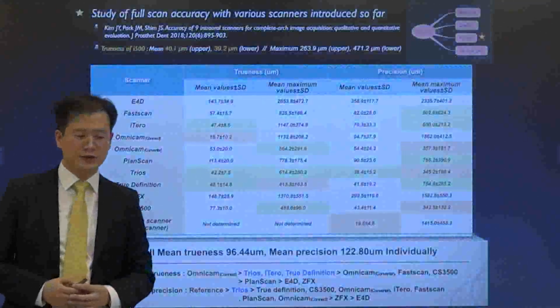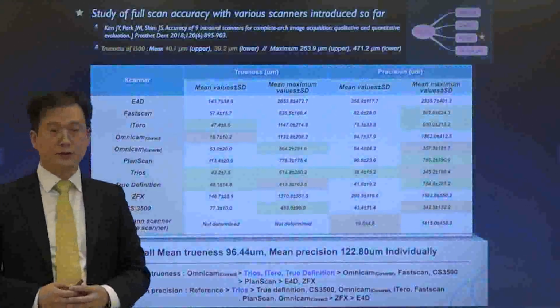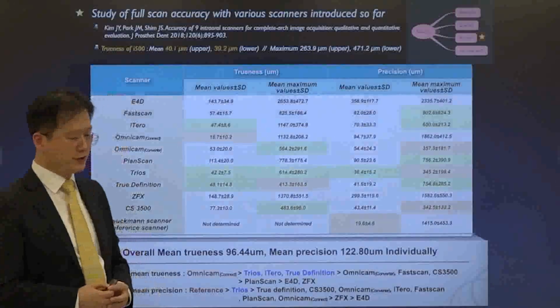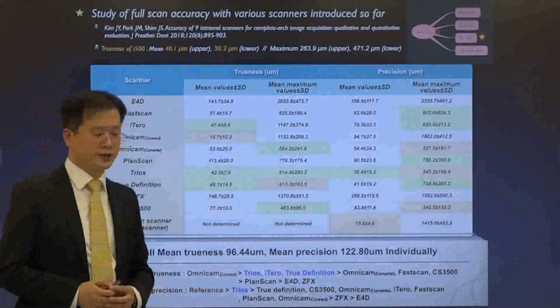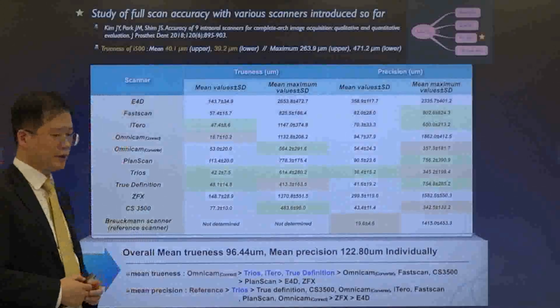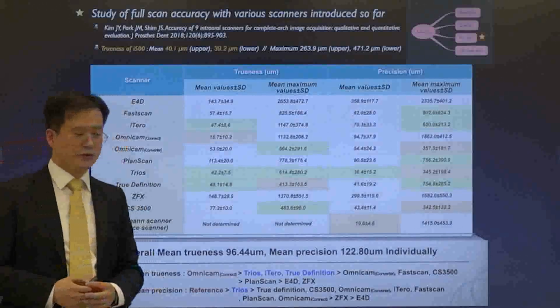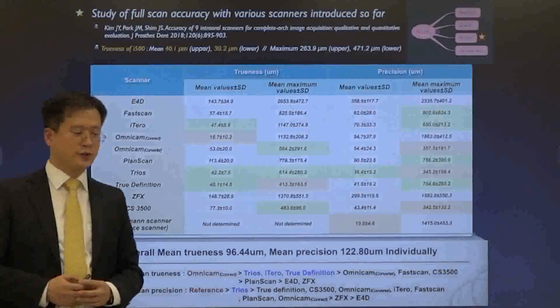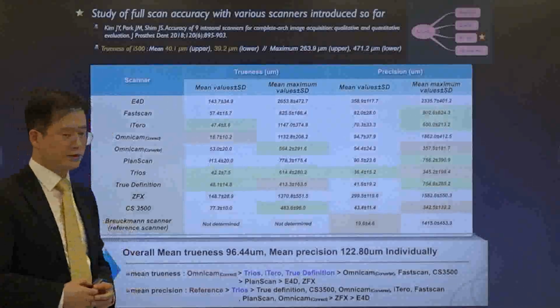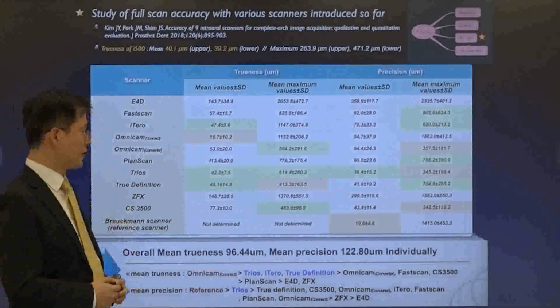For trueness and precision in each intraoral scanner, the Trios, iTero, True Definition, and Fast Scan groups showed significantly lower variance than the other groups in the trueness comparison. The precision comparison showed the lowest deviation in the Trios and True Definition groups.